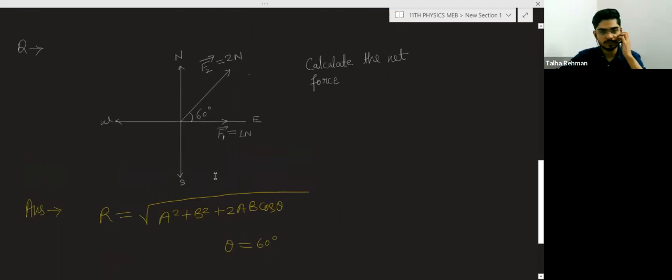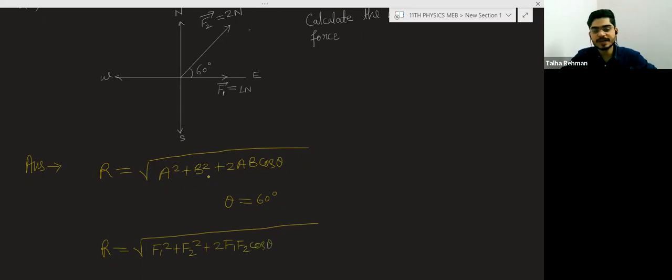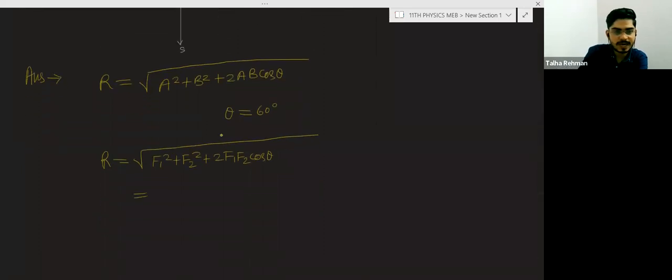So you will write under root of f1 square plus f2 square plus 2 into f1 and f2 cos of theta. And f1 and f2 are the magnitudes. So f1 is 1, means 1 square, f2 is 2, means 2 square, and this is 2 into f1 into f2 into cos 60.